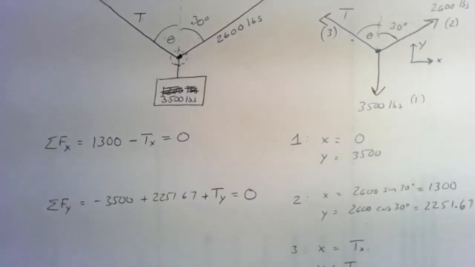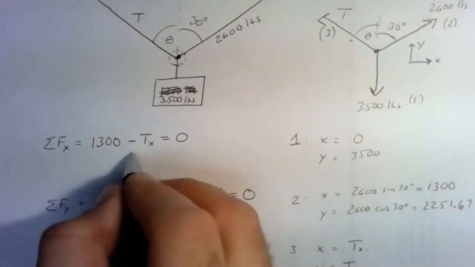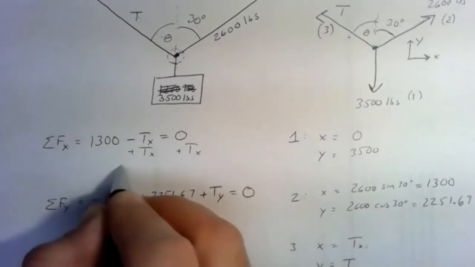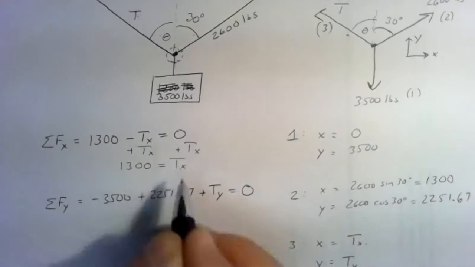Hopefully at this point you're comfortable enough with algebra that you can solve these without too much difficulty, and that you can be very flexible in how you apply that algebra. What I would do here to solve this one, I just add tx to both sides. That'll give me an equation that says 1300 equals tx.